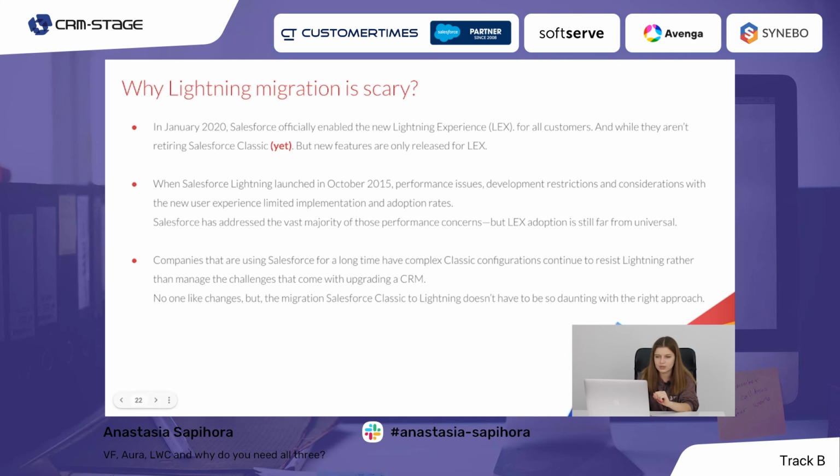Because when Salesforce Lightning was launched in October 2015, performance issues, general discomfort, some development limitations, lots of those things stopped customers from migrating to Lightning when it was launched.